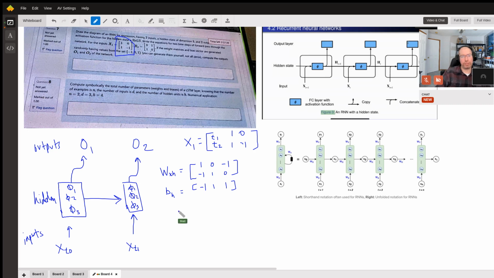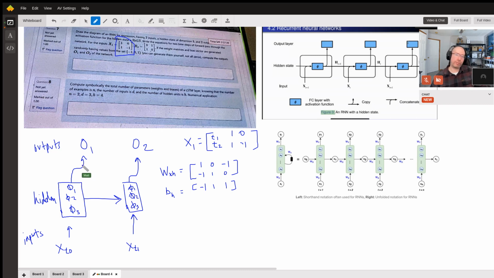Presumably, if the hidden state has dimension 3 and there are 2 outputs... unless they just mean, again, there's so many things you can do with these outputs of your hidden layers.